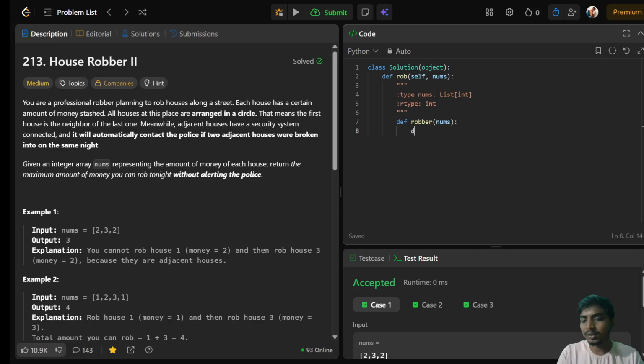I will create the DP array to store the maximum amount that the robber can rob up to that particular house.